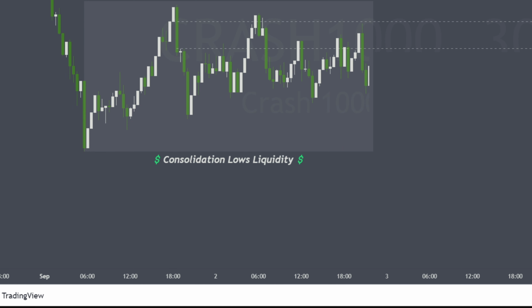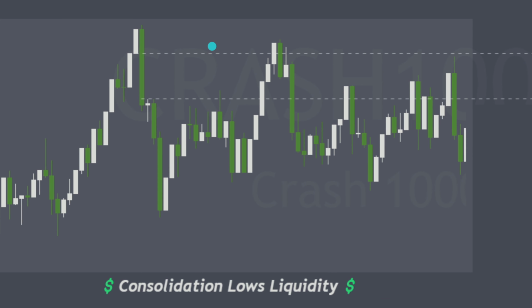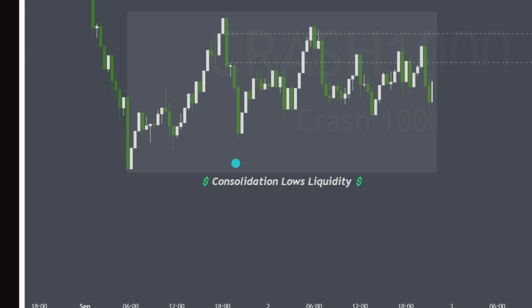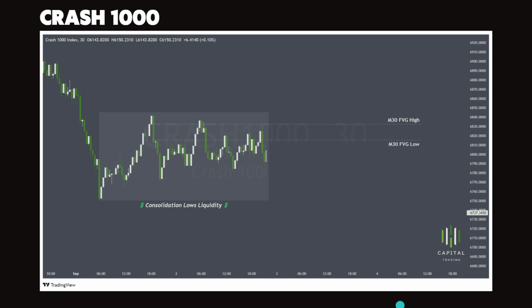As it was ranging, I managed to identify this high and low fair value gap. We had price reaching into that fair value gap for some time here. They reached the high, and they also came and found resistance on the low again, for the last time here. So let's see if this fair value gap will be able to push price down into our consolidation lows liquidity.